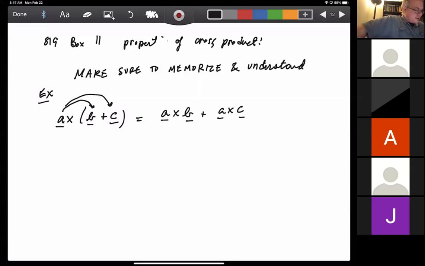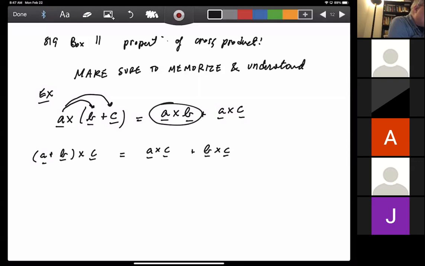The order matters, remember, with the cross product. So I can't just willy-nilly replace A cross B here by B cross A. If I switch the order, I have to remember to introduce the minus sign.